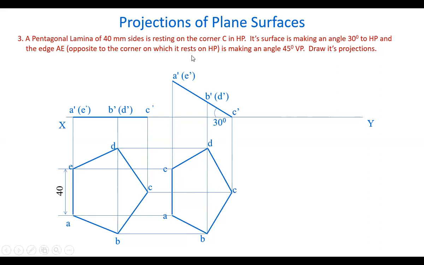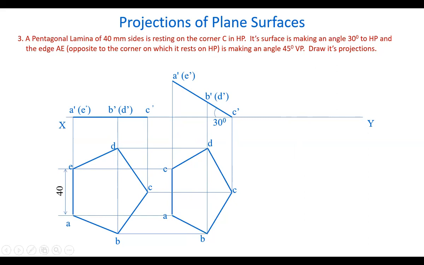Opposite to the corner on which it is resting on HP. Actually, this sentence is not necessary, but to understand that sometimes the problem can be given like this also. The point C is lying on HP. Opposite to this corner, we have AE. AE is making a 45 degrees angle to VP is enough.